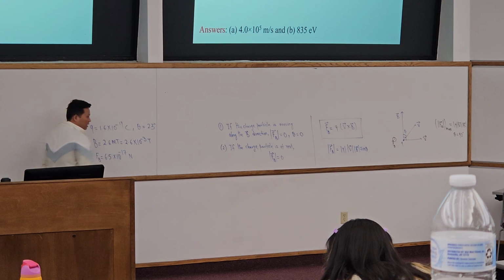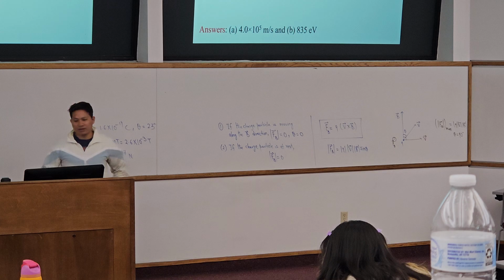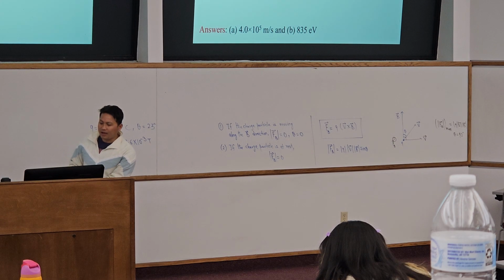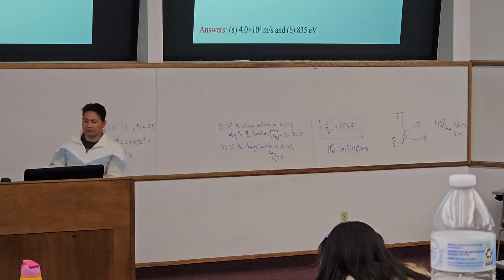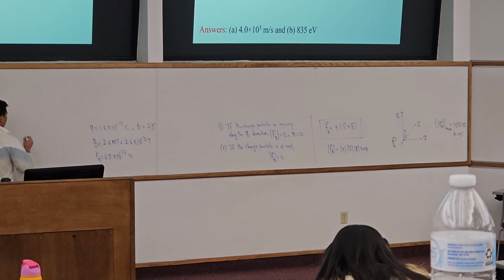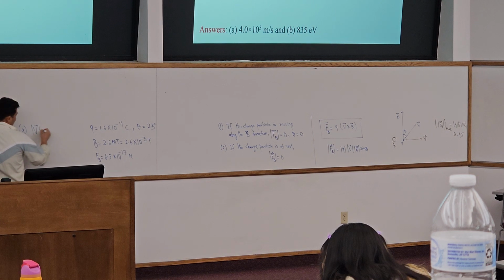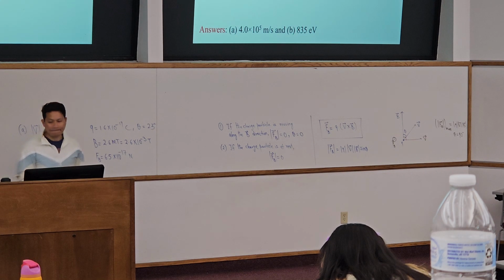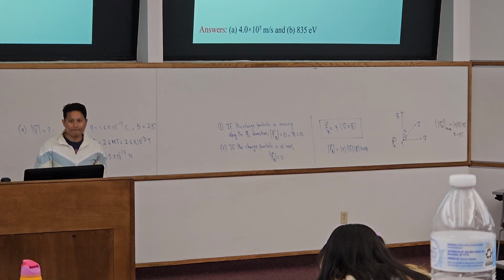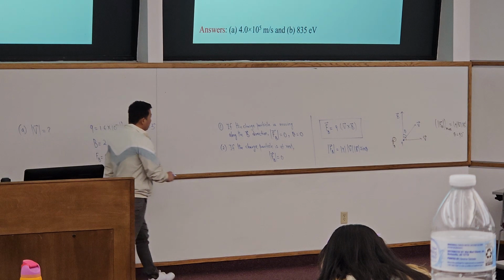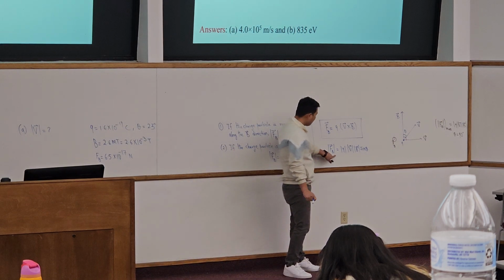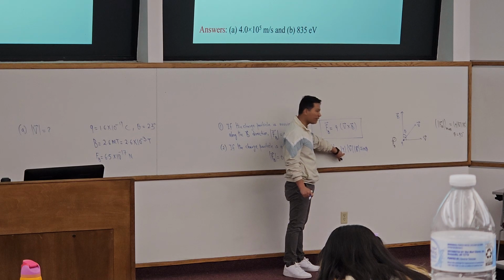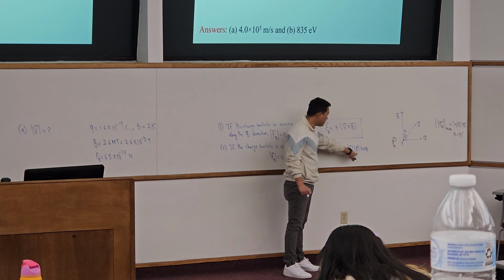Now this was the force that a charged particle experienced. I need to find the speed of the proton. You can easily use this formula. The force is given, the charge is given, 1.6 times 10 power minus 19, B is given, theta is given.